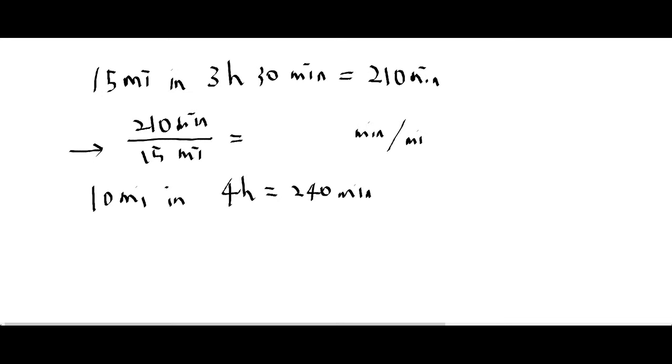To run the 1 mile, how long does it take? Okay, can you reduce? Yes, you can directly divide it by 15, but I don't like it. I want to first divide it by 3, okay? So 70 and 5, right? And then you just divide it. So 14 minutes. How about this one?